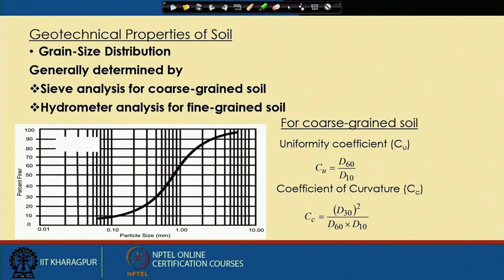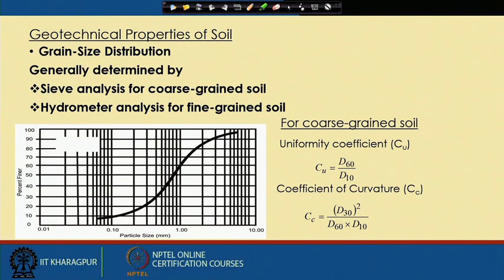In soil mechanics we have 2 types of soil: one is coarse grain soil, another is fine grain soil. Sand is an example of coarse grain soil, and silt and clay are examples of fine grain soil. In grain size distribution, generally 2 types of tests are conducted: sieve analysis for coarse grain soil and hydrometer analysis for fine grain soil.